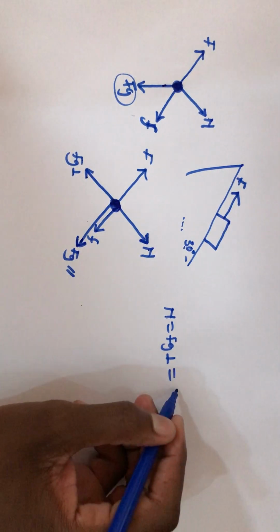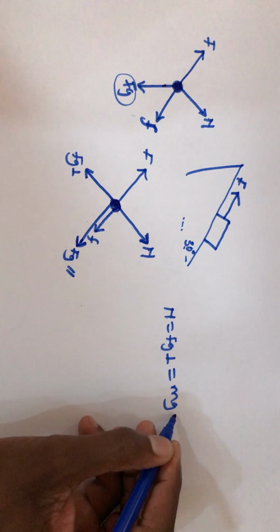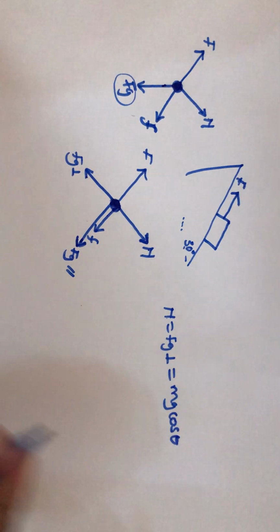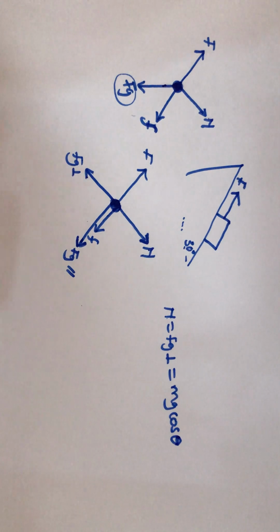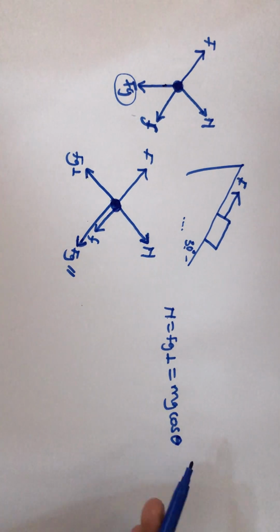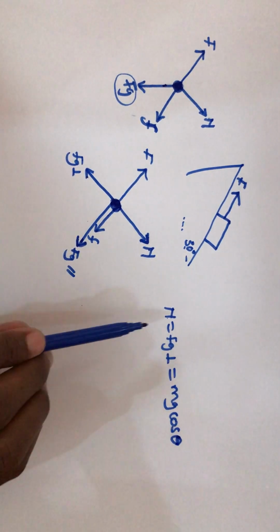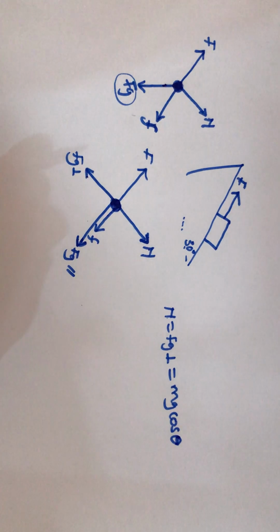Fg perpendicular is mg cos theta. We know that m is the mass of an object, g is the gravitational acceleration, and theta is the given angle. So in this type of situation, normal force is equal to mg cos theta.